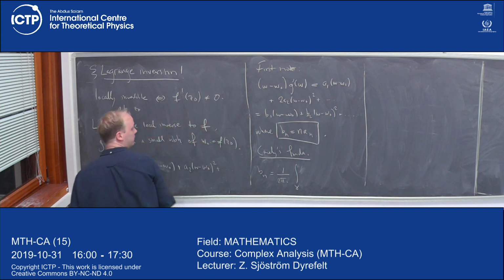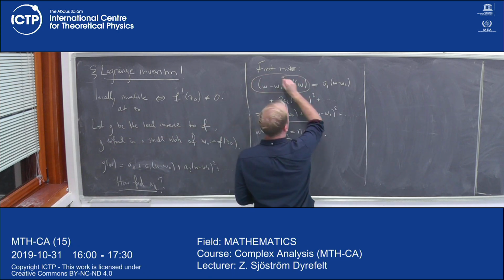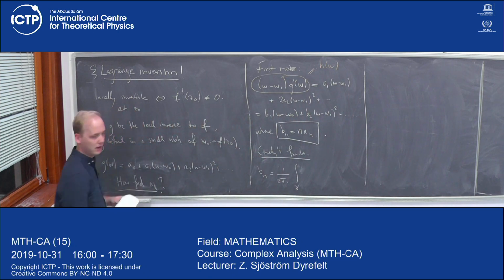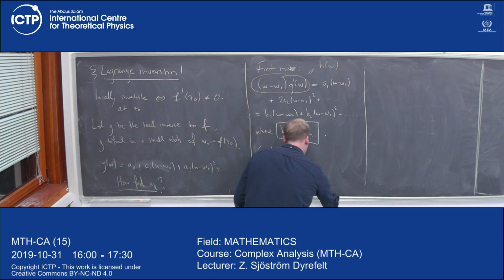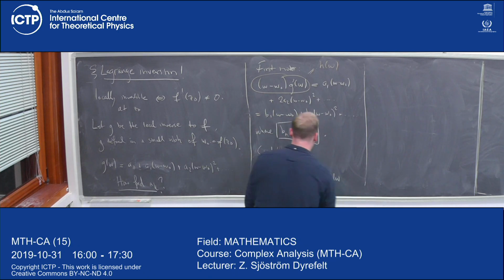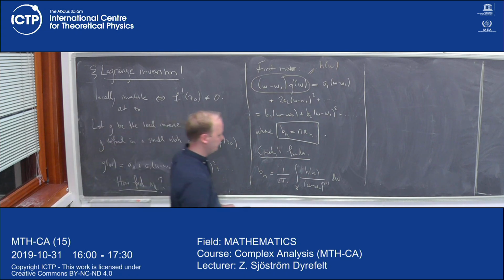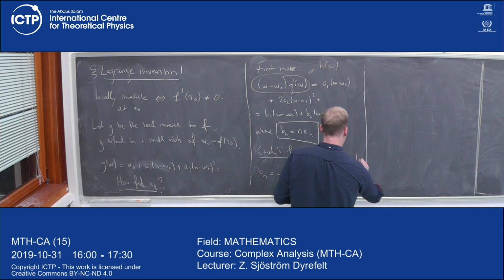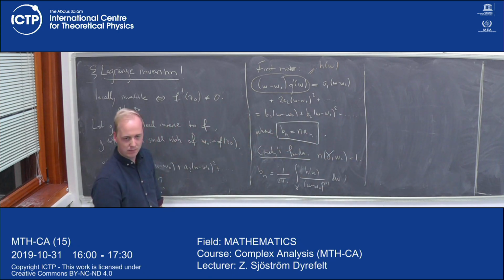Let's call this H, otherwise it's so long to write. Okay, that's acceptable, I hope. So the integral of H(w) is equal to this, where gamma is any path with winding number 1.